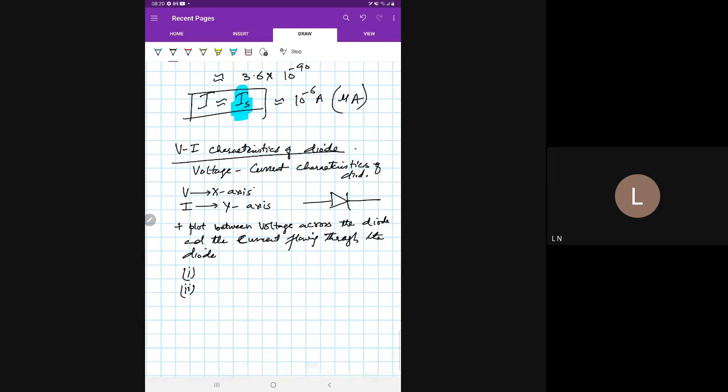Now the voltage can be applied in such a way that it can lead either to a forward bias situation or to a reverse bias situation.